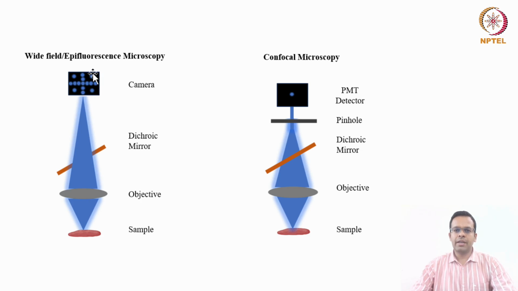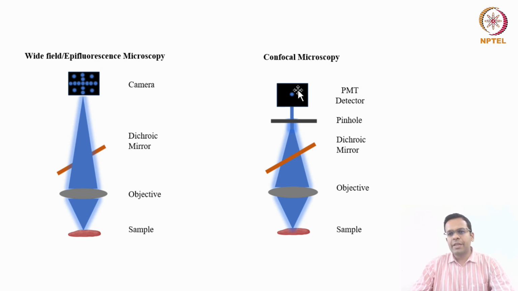Here the camera is used as a detector, and you can see the entire image at a time. Whereas in confocal, because of the pinhole, the out of focus light is restricted here, and only the light coming from the focal plane will reach the detector. And here the PMT, that is photomultiplier tubes, are used as a detector.